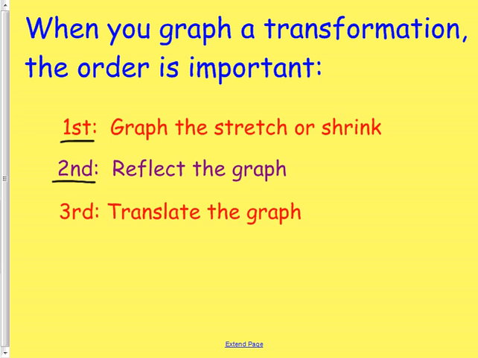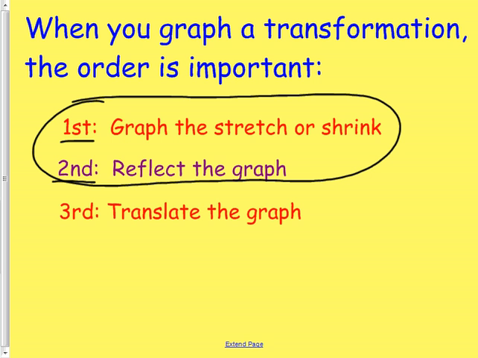Stretch before you flip. But technically, all of those are tied with each other because they're all multiplies: multiplied by this, multiplied by a -1, multiplied by a fraction. They're all multiplies, so it really doesn't matter. And then the moves, the translations, the slide it this way, slide it that way, those are always last.